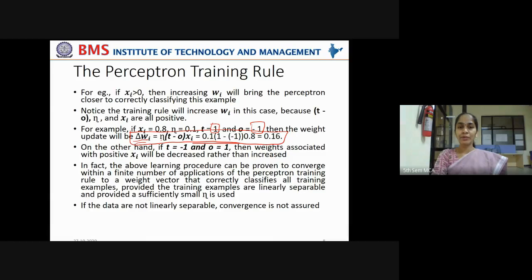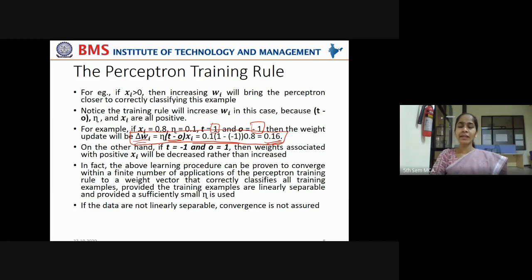This formula, nu times (T minus O), where T minus O is called the prediction error, multiplied by the input value. So it is 0.1, the learning rate, times 1, the training example target value, minus -1, the predicted target value, multiplied by 0.8. So you will get here 0.16.